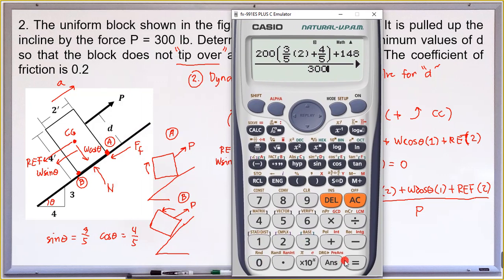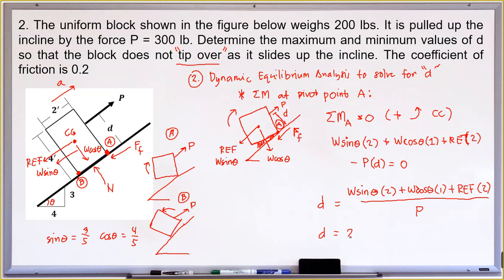So therefore, the answer is 2.32. So 2.32. This is feet.